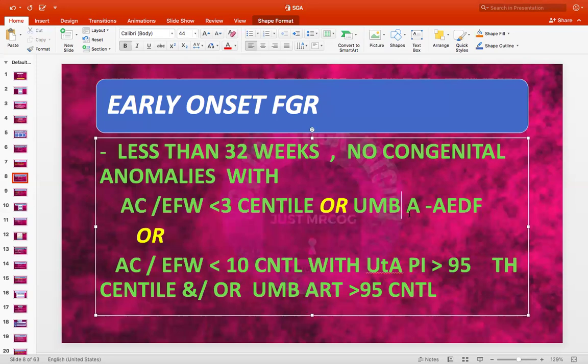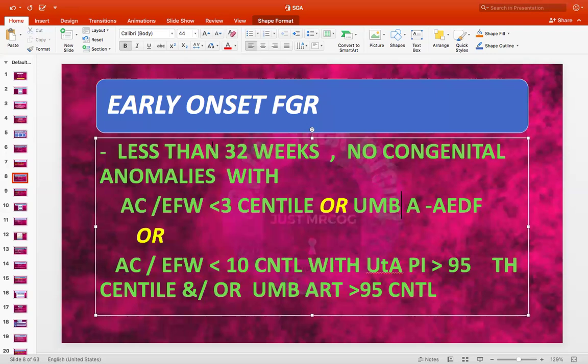Then we are going to call it early onset FGR. So when AC and EFW is below the 10th centile, then the PI criteria apply, right? But absent diastolic flow is an independent criterion.